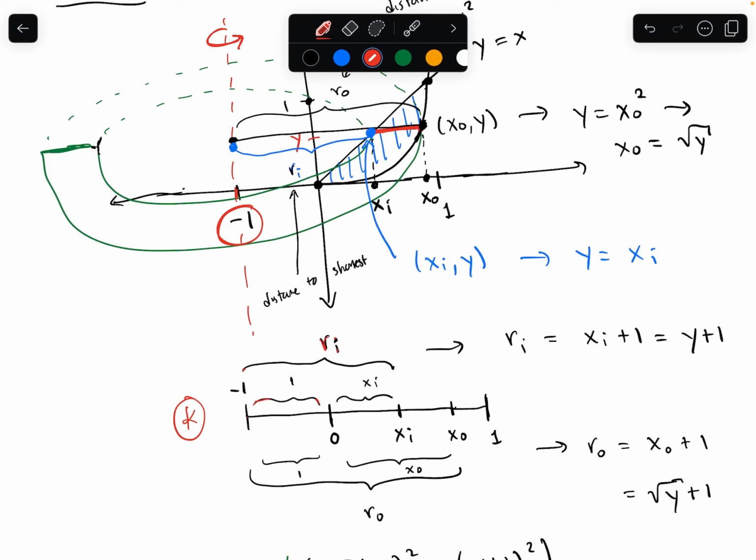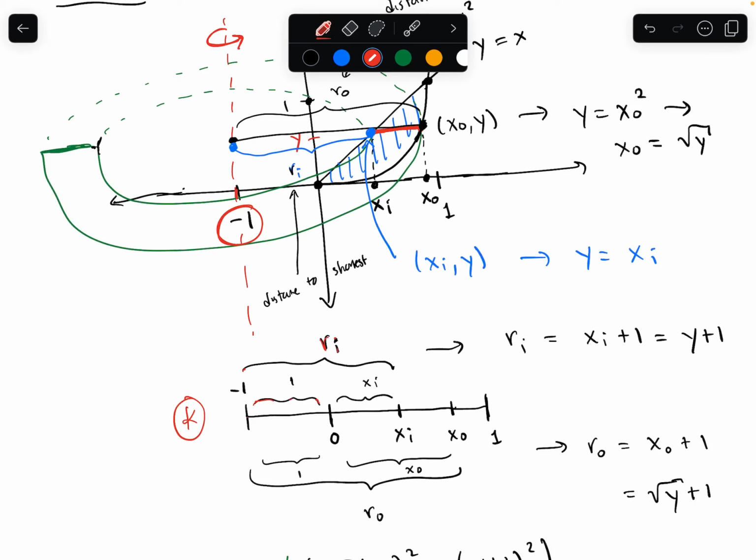The other way is it's just this distance 1 plus xi, and xi is something you do know. So that's how you get this equation. This is that. Same thing with the outer radius. You computed the distance two different ways, so you get this is that. That's really going to be the best way to do it.